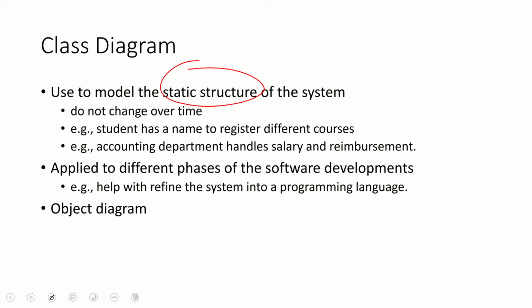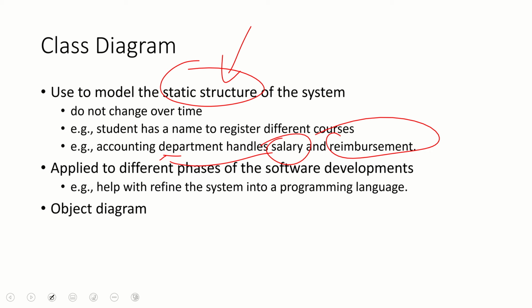Another example: the accounting department handles salary and reimbursement. Most of the time the accounting department will handle all the things related to money, right? They won't change. We don't dispute salary or reimbursements to the maintenance group or the faculty department, right? They only belong to the accounting department. That's the reason we say static structure of the system.